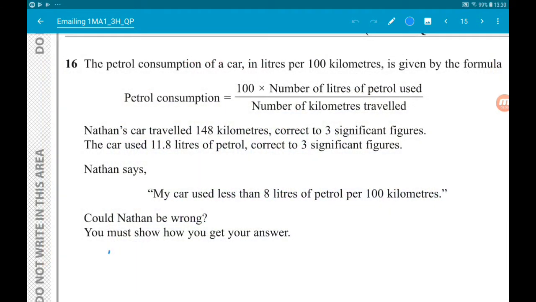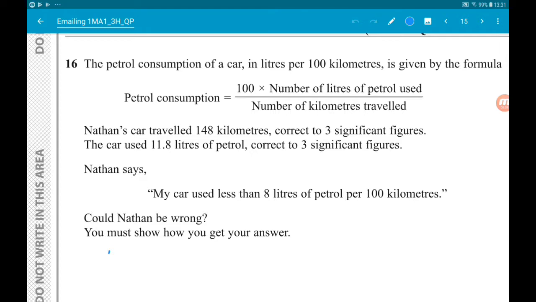Number 16, we have bounds. So the petrol consumption of a car in litres per 100 kilometres is given by the formula: petrol consumption is 100 times the number of litres of petrol used divided by the number of kilometres travelled.